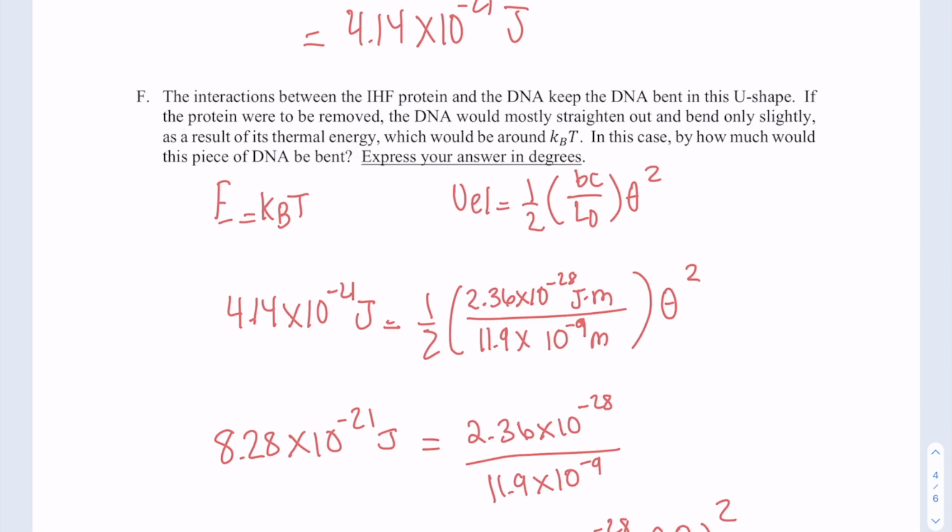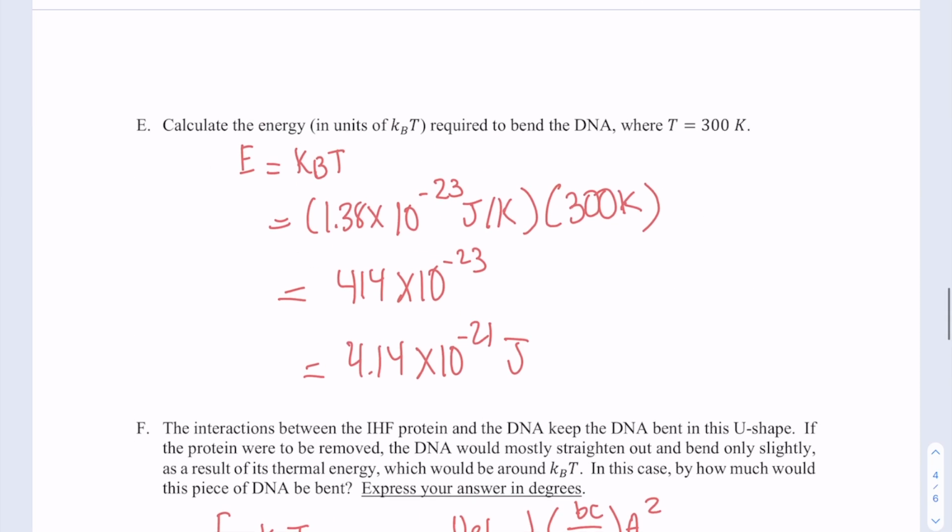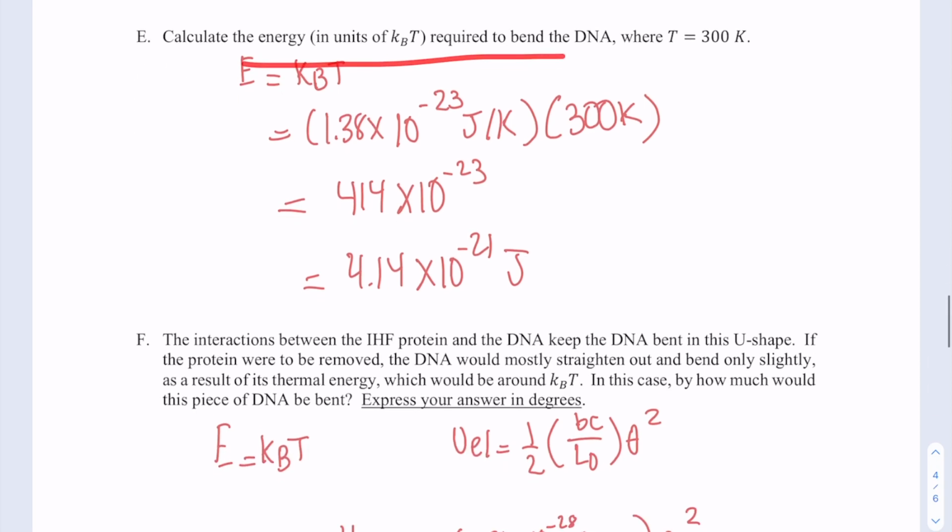And just for those who are watching online as well, we got this little section here by taking whatever we got for part E. It'd just be 4.14 times 10 to the negative 21, which is Boltzmann's constant times the temperature. And when they ask us for the energy required to bend, the energy required to bend is the elastic potential energy. Remember last week's stuff with spring potential energy, which is the same as elastic potential energy.